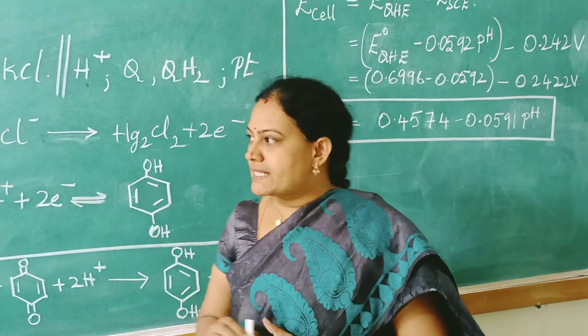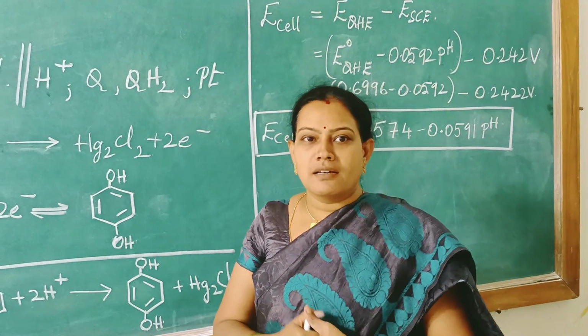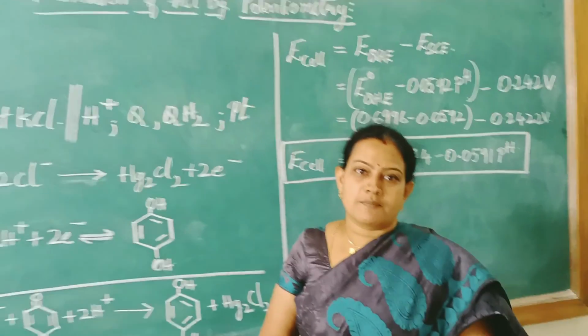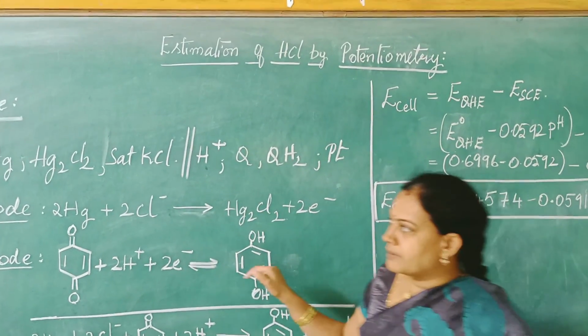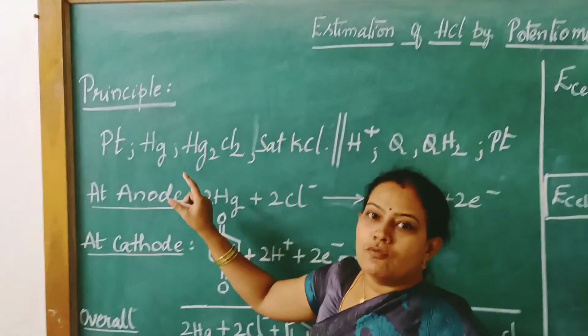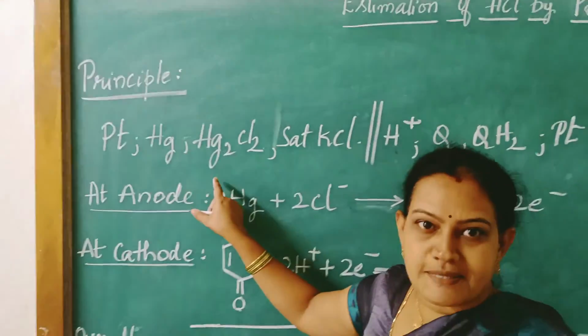Okay, so let's start with the principle of the reaction, and how the principle helps in understanding the whole experiment and the estimation part. The principle involves the use of two half cells.